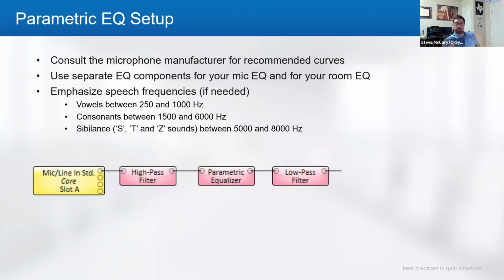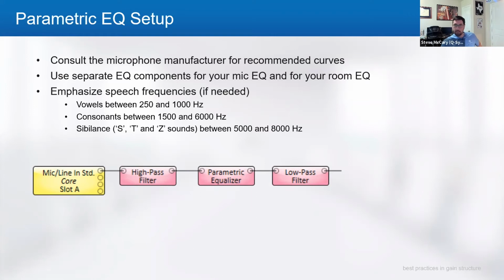So the other thing that you'll likely do on a microphone parametric is, if you're having any speech intelligibility issues, then you may want to give a little bit of a spike to the 3 frequencies that we show in here: vowels, which are typically 250 to 1,000, consonants, which are 1.5 to 6K, and then your sibilants, S's, T's and Z's, those are from 5 to 8K.